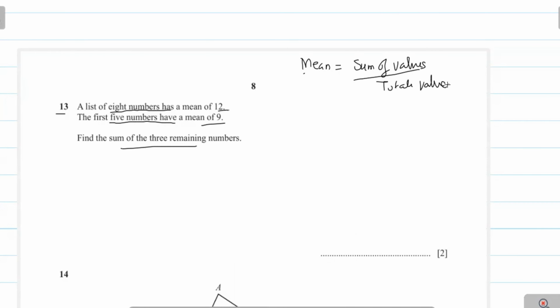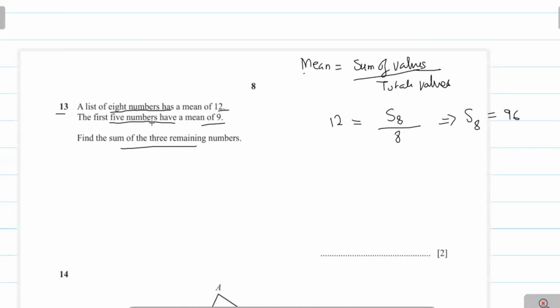You see here the sum of values of 8 numbers. We can find the mean here is 12, and the sum of 8 values, we name it S8, divided by 8 will be equal to 12. So the sum is 12 times 8, which is 96.